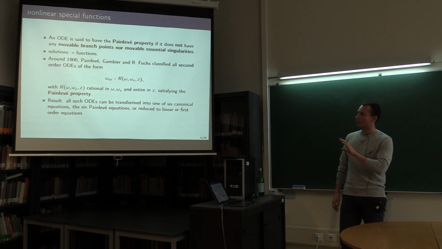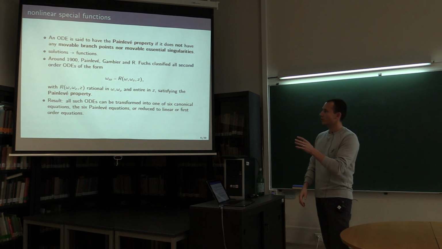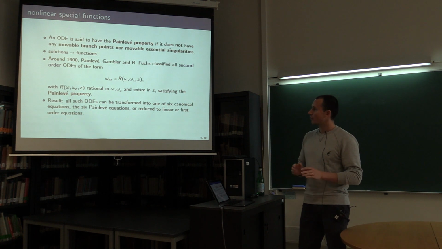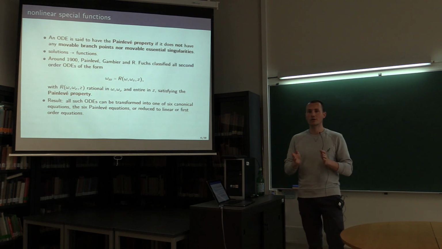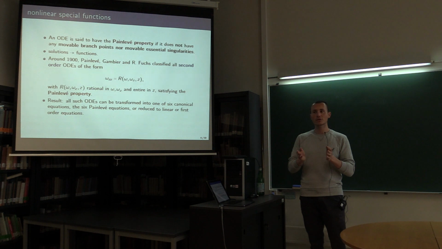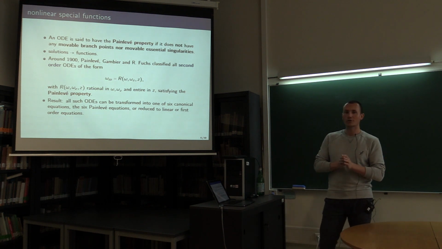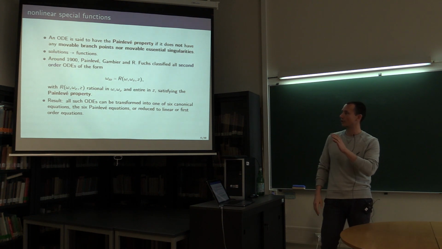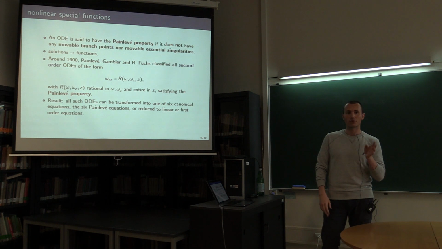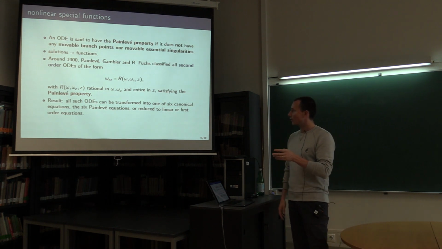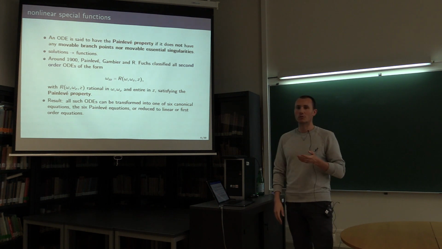And so they did this in the second order case, for second order ODEs. And the result was that they found 6 nonlinear ODEs, the 6 Painlevé equations, such that any nonlinear ODE which has no movable singularities or movable branch points, movable essential singularities, can either be transformed into one of these 6 equations, or it can be solved in terms of classical special functions.